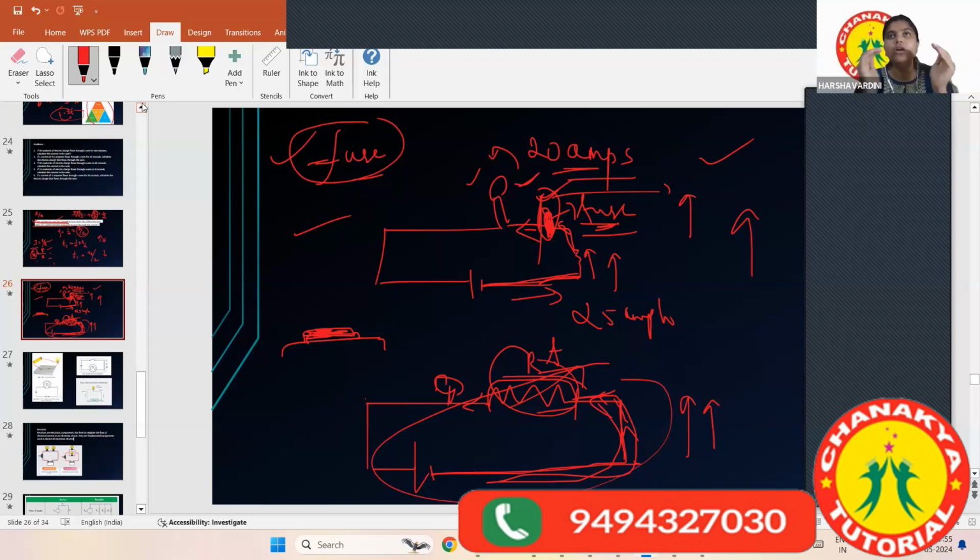There is something called a model, a sample, and the big thing. Before doing some big thing, we will build a model of that and check whether everything is working right or not. That time we can use a resistor.